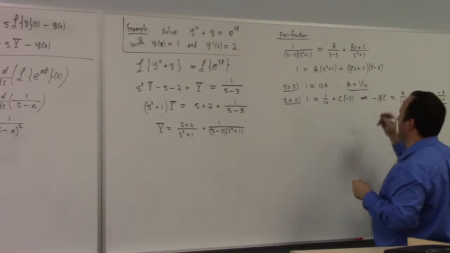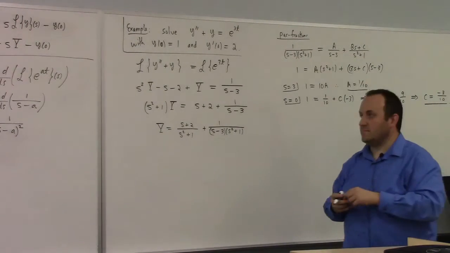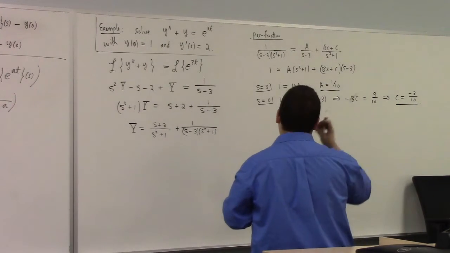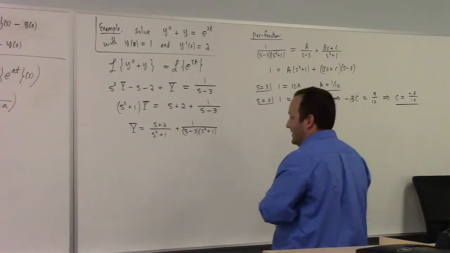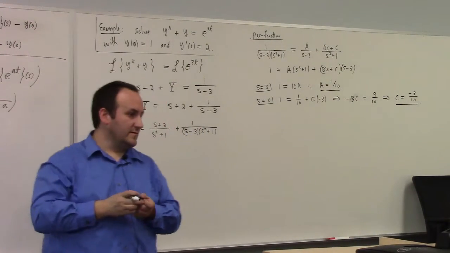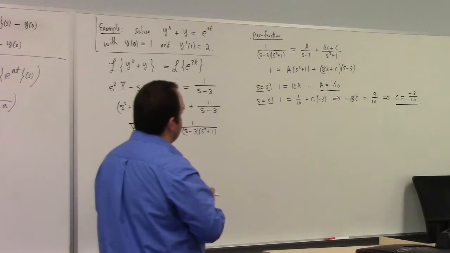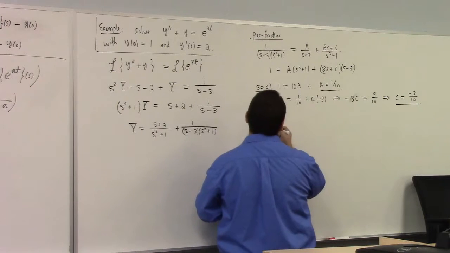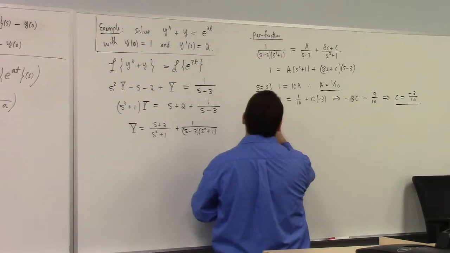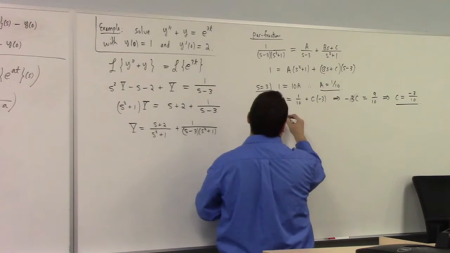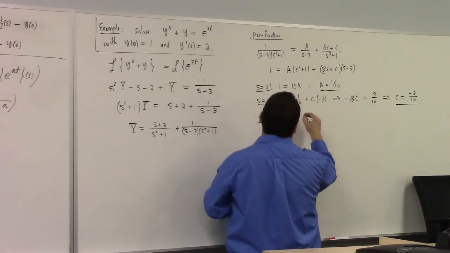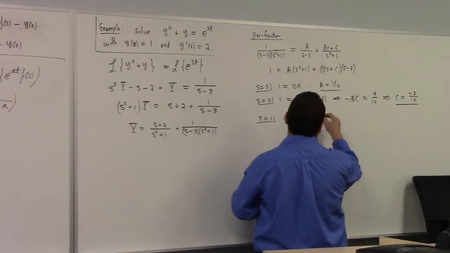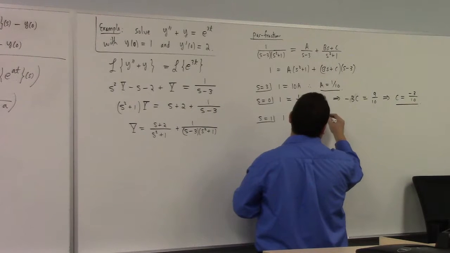So I've got A, I've got C, and I've got to figure out B, right? So there's any number of things you can do to figure that out. What do you guys want to do? Any suggestions for me? I don't know. How about just any old value. How about s equals 1 is kind of nice, right? If I plug in s equal to 1, that gives me 1 is equal to 2a, which is 2/10, right? Plus b plus c, which is minus 3/10, right?